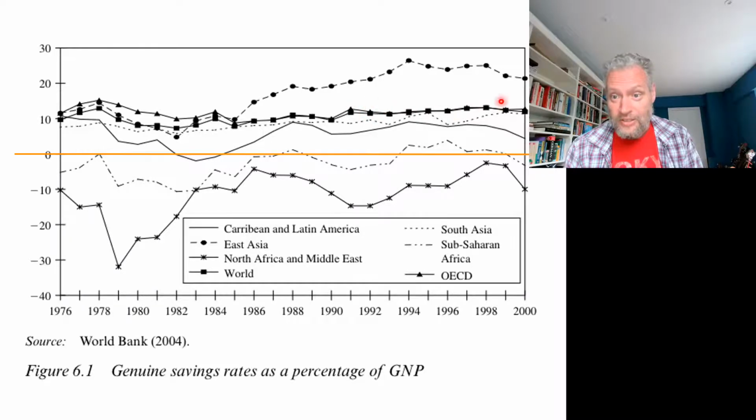The OECD countries are doing reasonably well, but there's also places that are not doing fine at all. And if you focus on North Africa and the Middle East, for instance, you see that they have been constantly running down their wealth, and that is of course mostly in the form of digging oil from the ground. So that is one thing you can do.